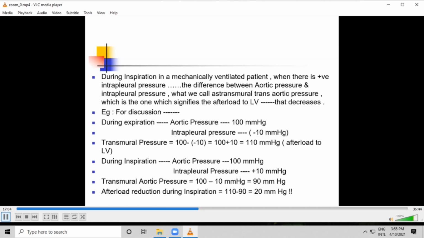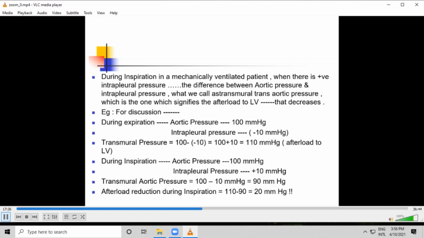Say for example, during expiration, the aortic pressure is 100 millimeter mercury. Intrapleural pressure during expiration is minus 10 millimeter mercury. So transmural pressure would be 100 minus of minus 10, which is 100 plus 10, equal to 110 millimeter mercury. So 110 millimeter mercury would be the afterload to the LV.